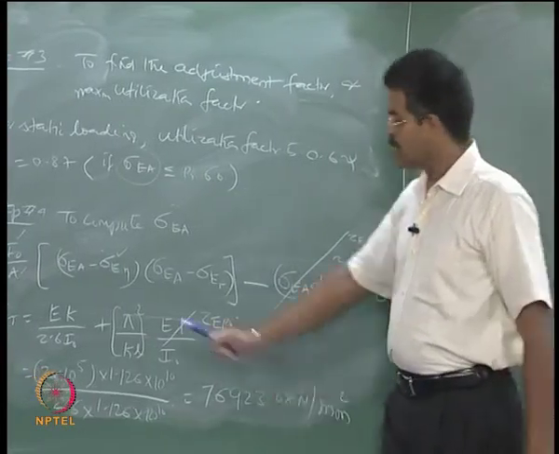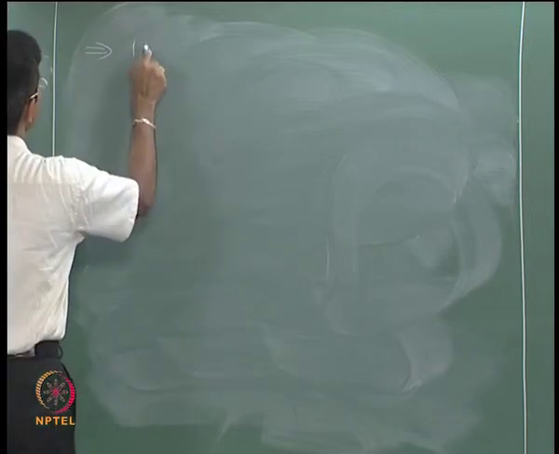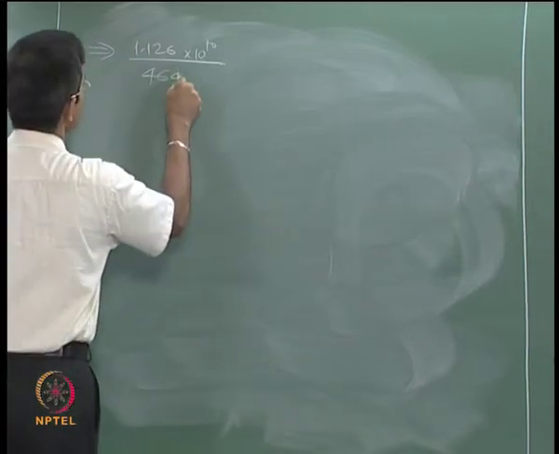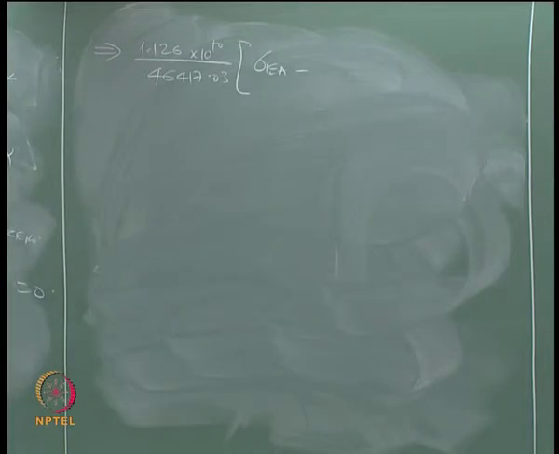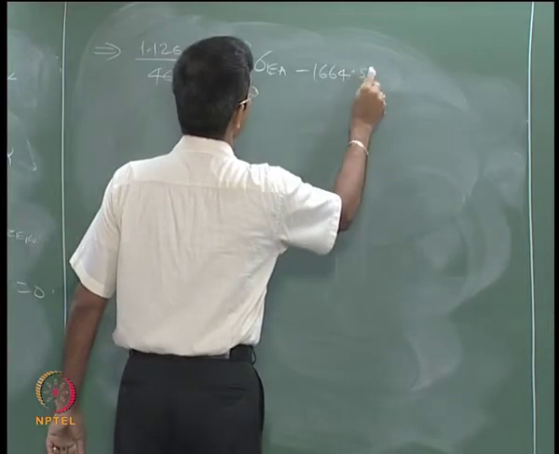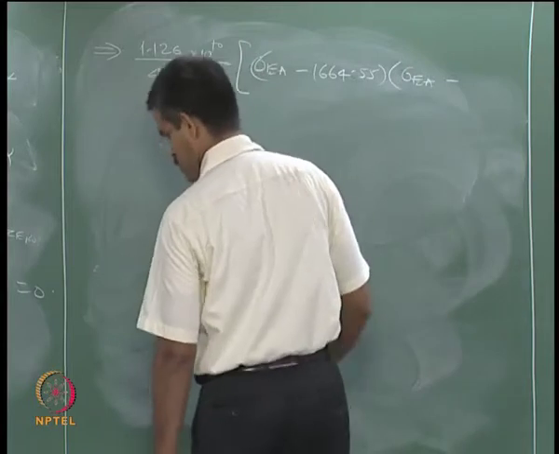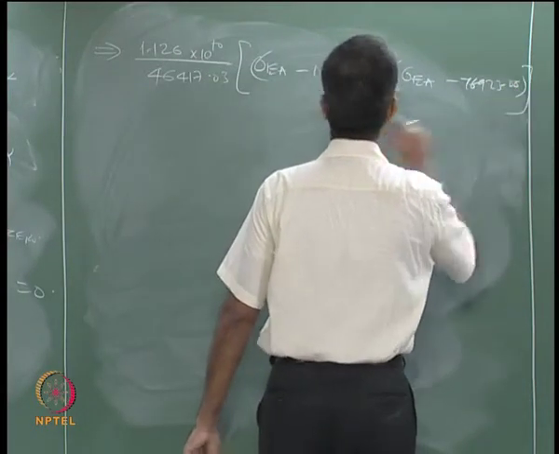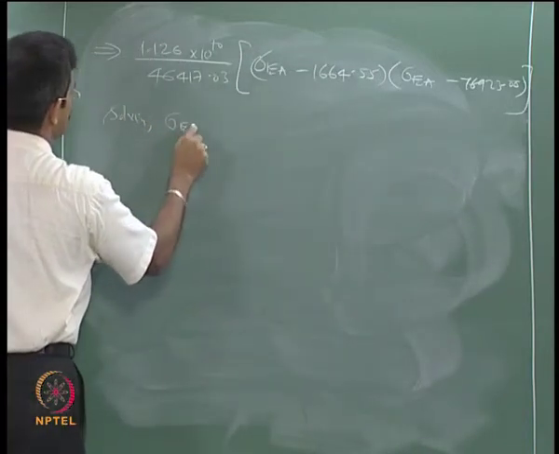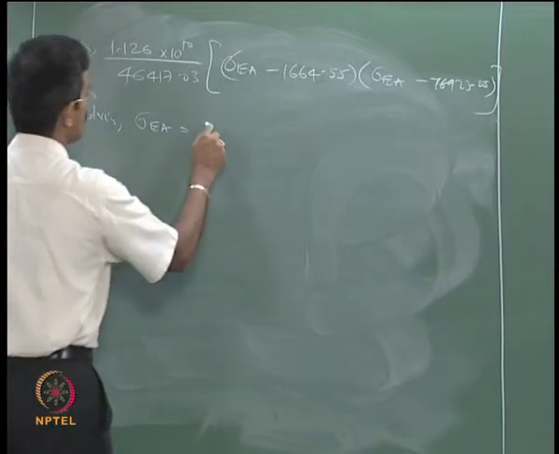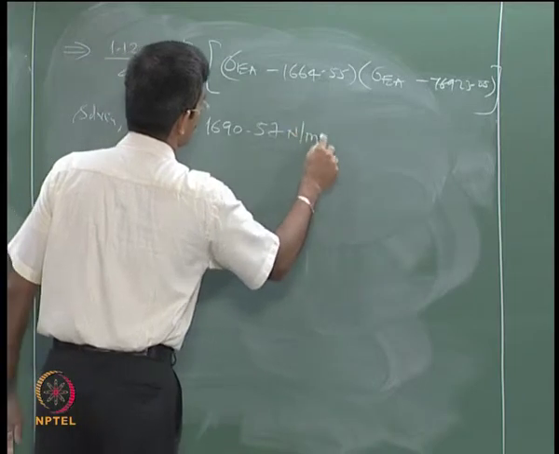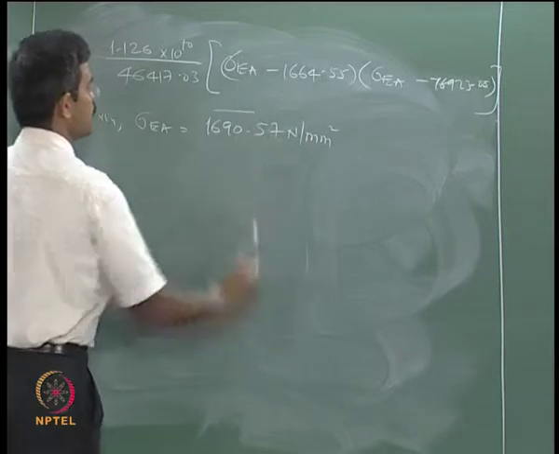Let me substitute, solve the quadratic and get sigma E A. Solving, the lowest value is 1690.57.